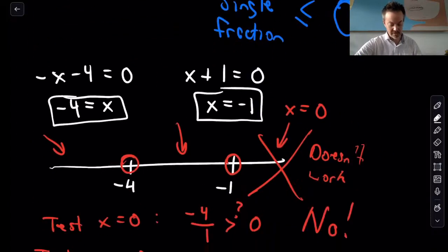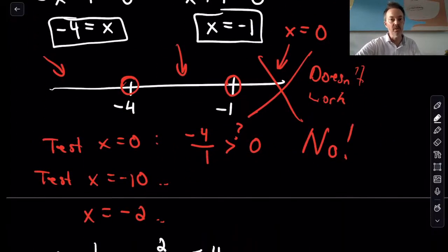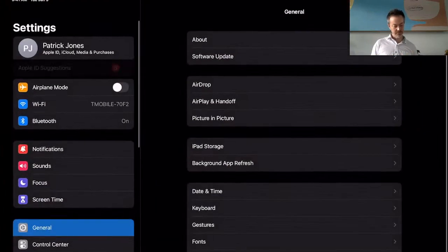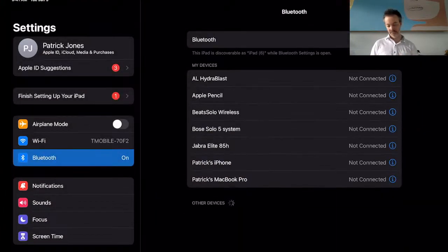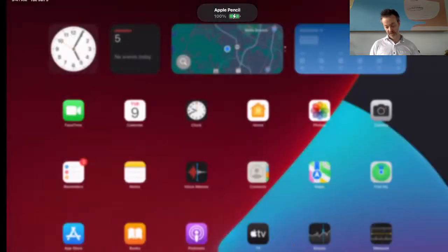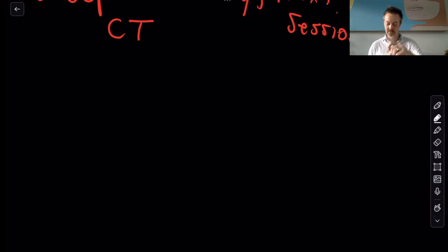Okay, I think we're good. So let's do this. Oh man, sorry about that. So I'm going to jump into the inequalities. Let's start going here. And that still does not want to work for me. Okay, oh my goodness. You all are so patient.